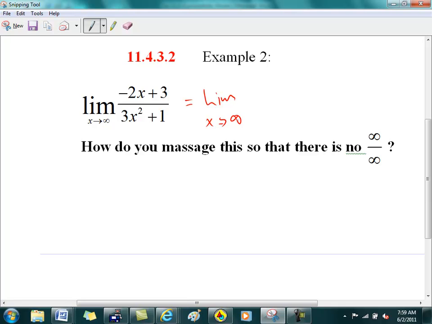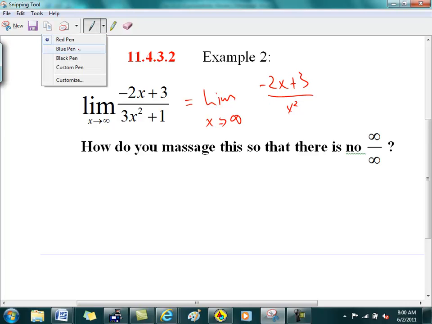Okay, so the trick here is I'm going to divide the numerator by x squared, the whole thing. And you'll ask me why I want to do that. And all I'll tell you is that I feel it. In my heart. Okay? Right? So whatever I did to the numerator, I did to the denominator as well.